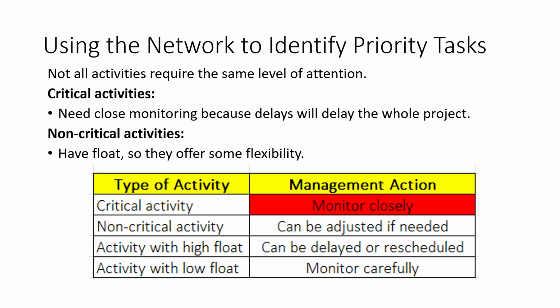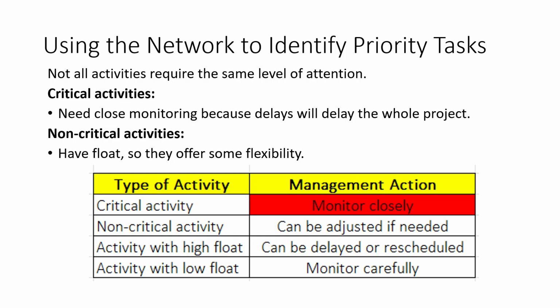Not all project activities require the same level of attention. Critical activities need close monitoring because any delay will delay the whole project. These activities have zero float, so there's no extra time available. Non-critical activities have float. This means they offer some flexibility.